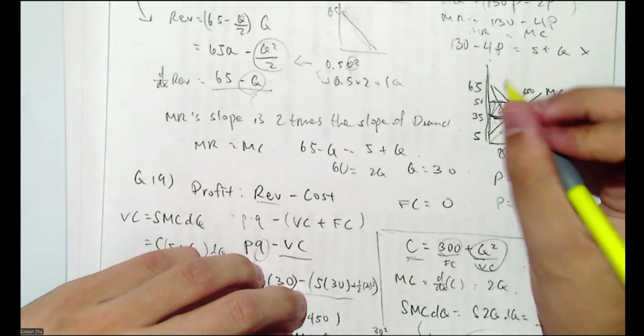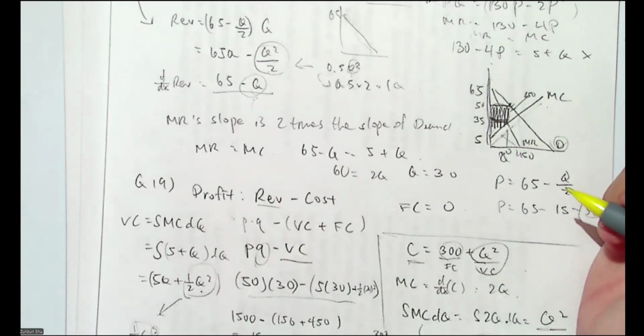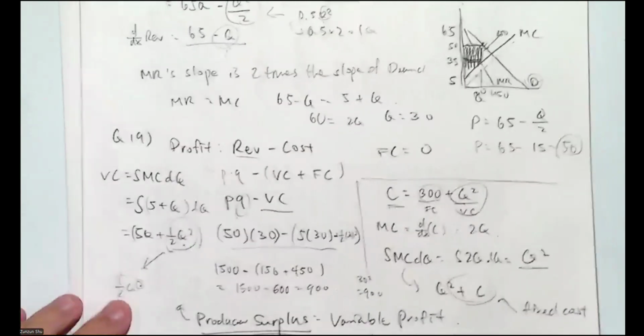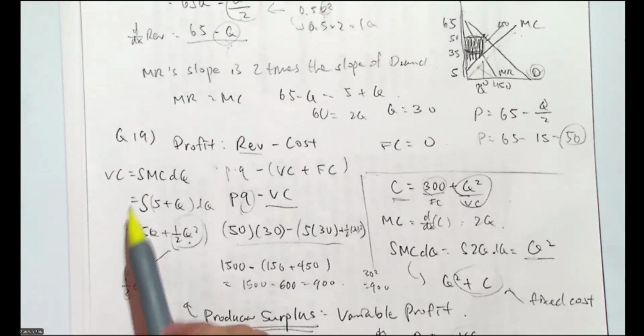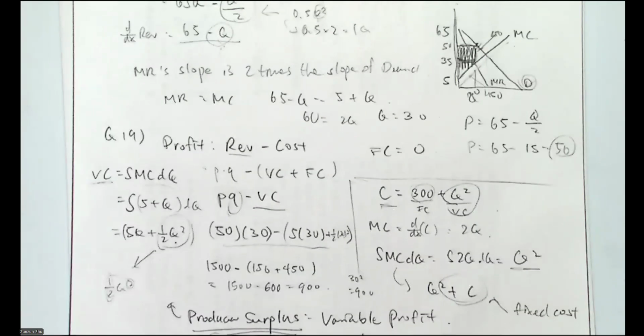So if you do find the producer surplus, indeed it is 900. But that's another way to do it. But again, revenue minus cost is also possible. And it's never wrong or bad to know that variable cost is the integral of marginal cost. Just as much, it is very good to know that producer surplus is variable profit, which means just the exact same thing.